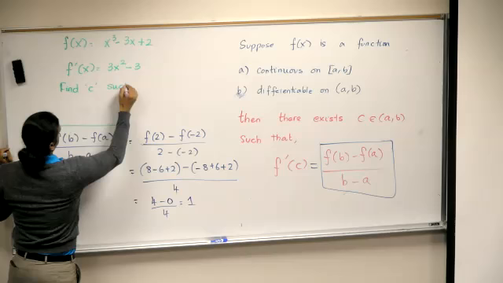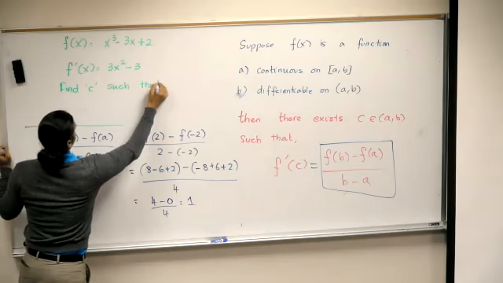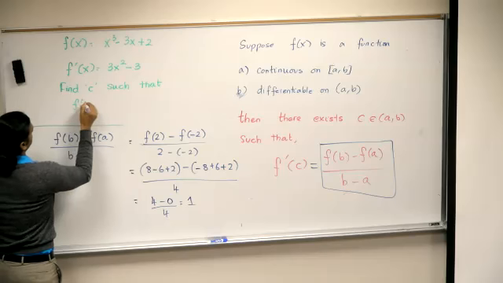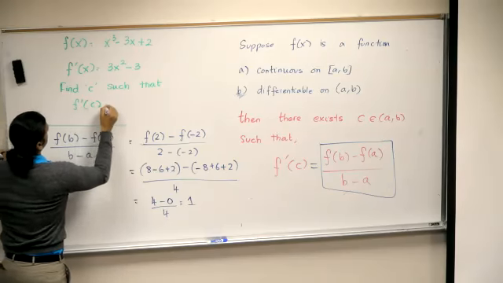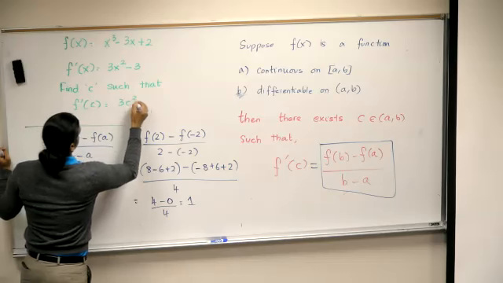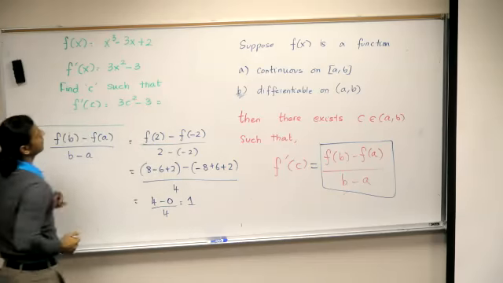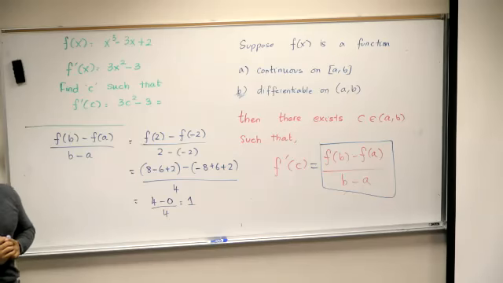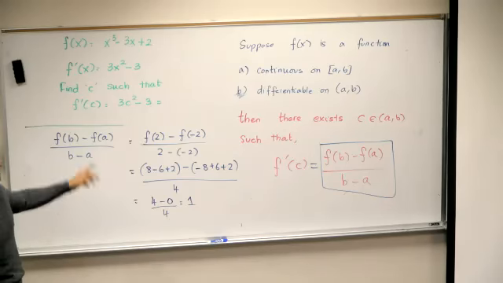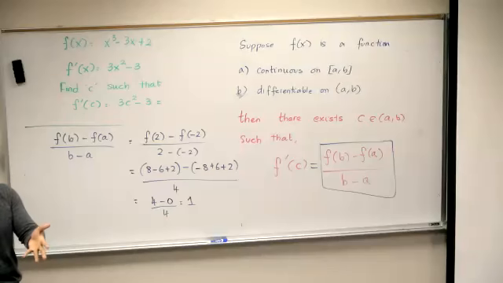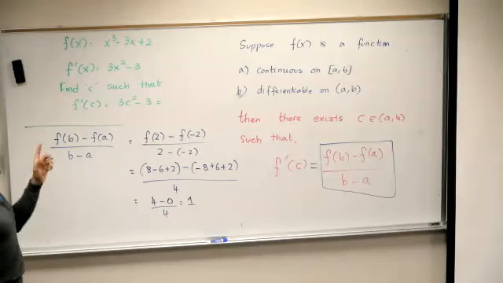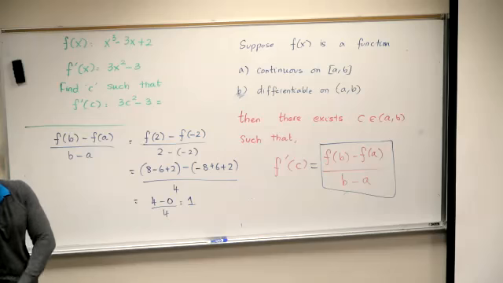Previously, what did we do? We always set that equal to 0 with Rolle's theorem. Here, should I set that equal to 0?